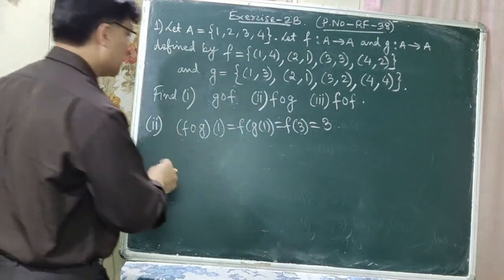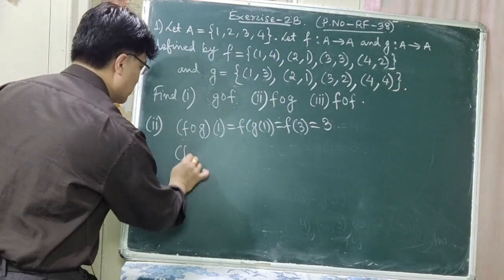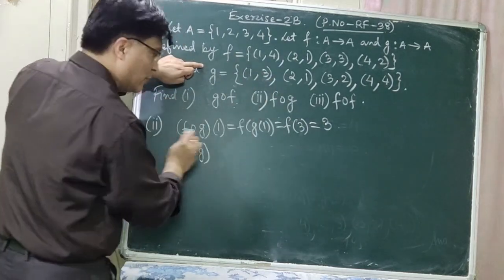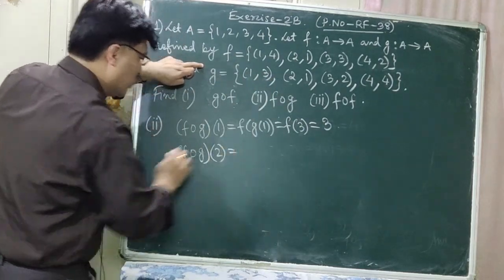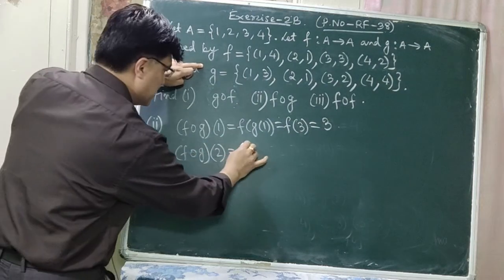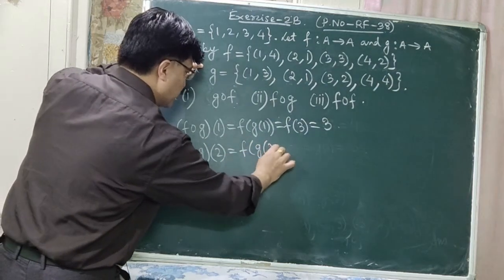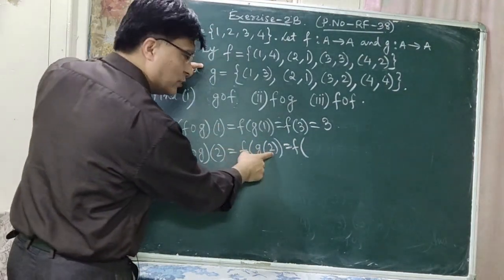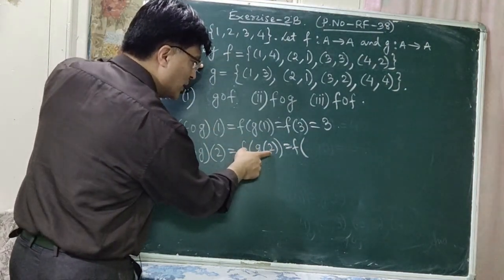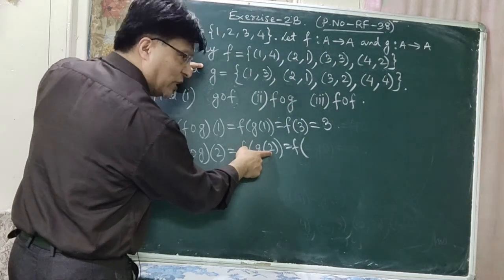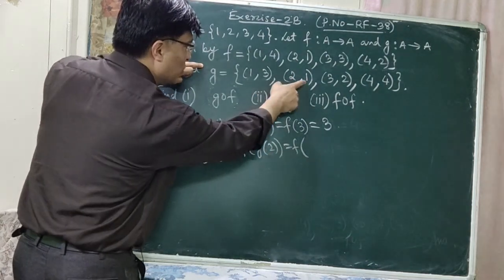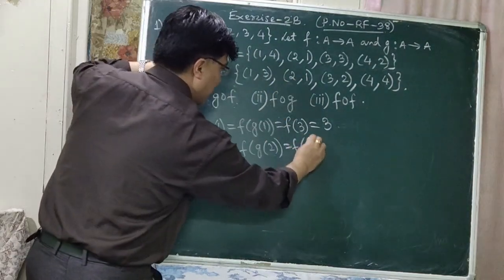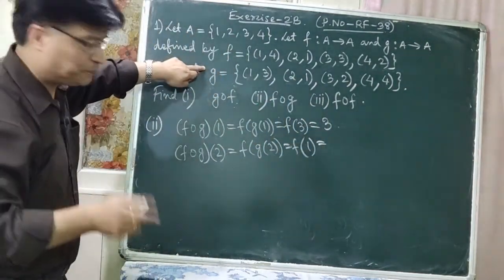Okay, next you have to find out FOG of 2. It is defined as f of g of 2, which is equal to f of, now what is the value for g of 2? 2 is related with 1 under g. That means g of 2 is 1. Is that clear now?